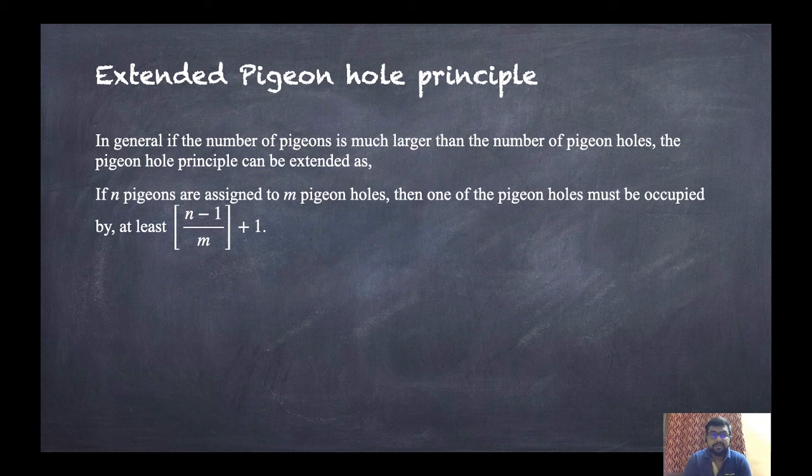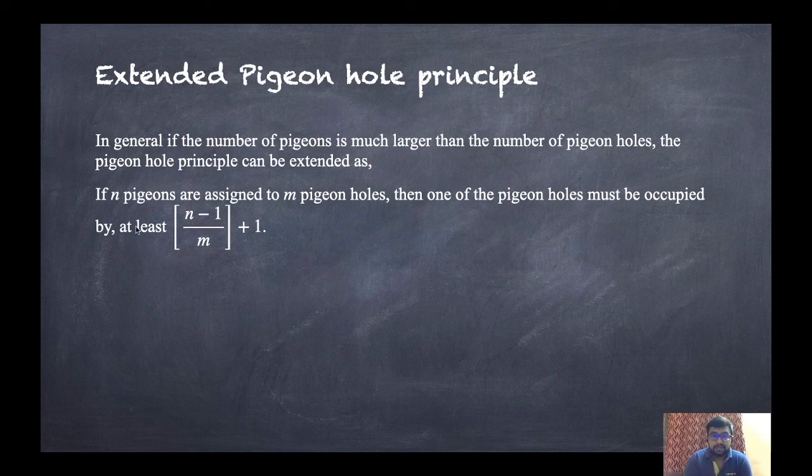If n pigeons are assigned to m pigeonholes, then one of the pigeonholes must be occupied by at least, where this bracket indicates the integer part, floor of (n minus 1) by m, plus 1. Again, I am repeating: if n pigeons are assigned to m pigeonholes, then one of the pigeonholes must be occupied by at least floor of (n minus 1) by m, plus 1.